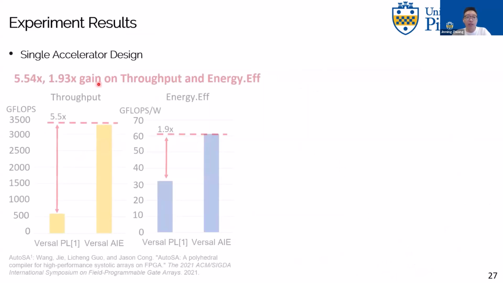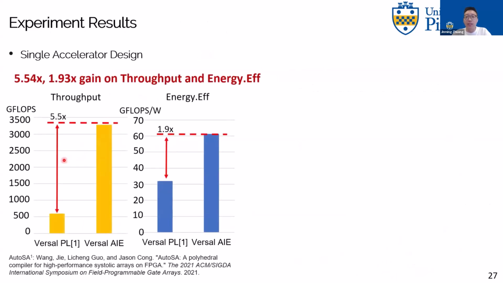For our single accelerator design, we compare the design implemented purely on the PL of Versal using AutoSA with the Charm single accelerator design on AIE. The multiplication of the pure PL design is implemented by DSP58, where one DSP can handle one FP32 MAC operation directly.